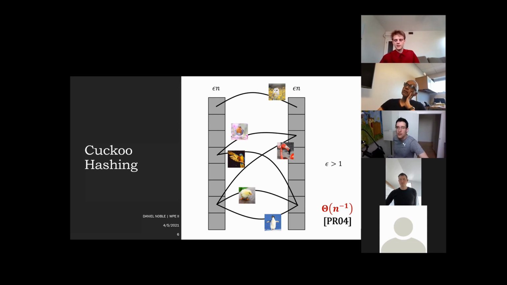However, this means that if the table is successfully built, the adversary knows that every element has a unique location that it can be stored in. So now let's imagine that instead of this referring to the items that are inserted into the table, this refers to items that are queried.